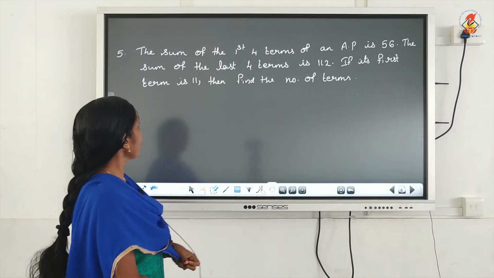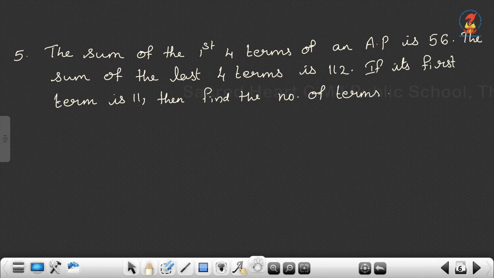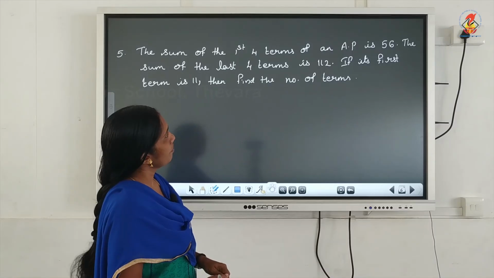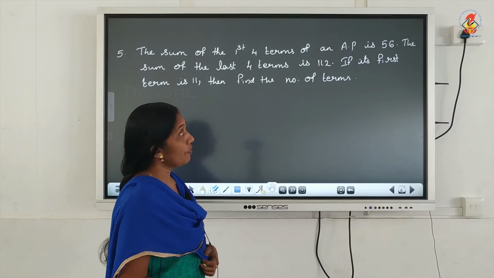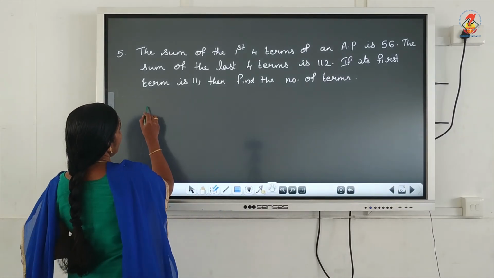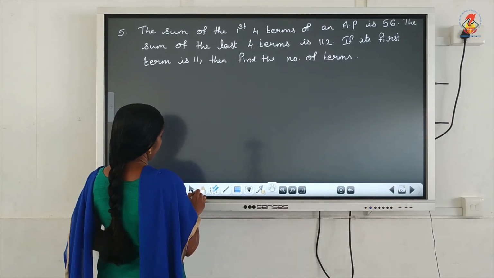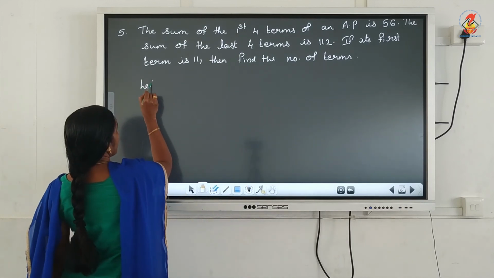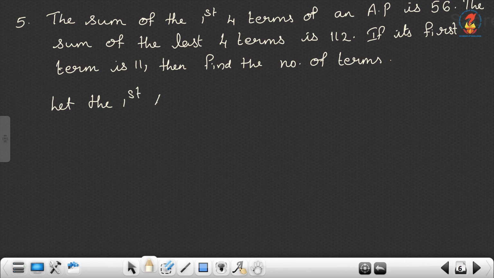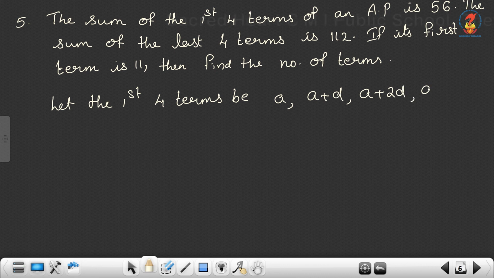On to the next one. The sum of the first 4 terms of an AP is 56. The sum of the last 4 terms is 112. If its first term is 11, then find the number of terms. So here the AP is given, first 4 terms. So let the first 4 terms be a, first term a, next term is a plus d, then a plus 2d, then a plus 3d.